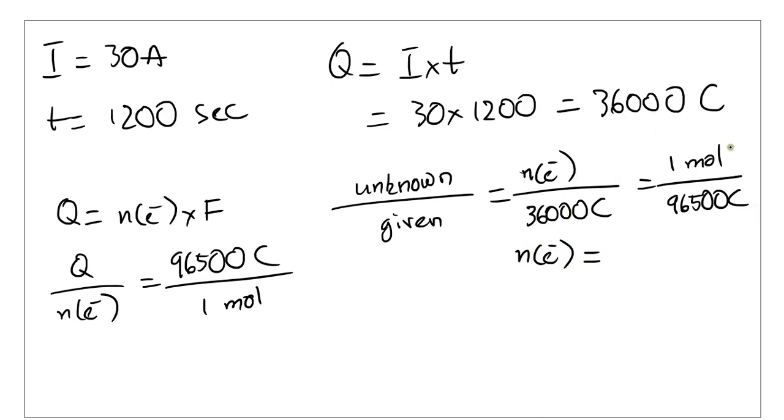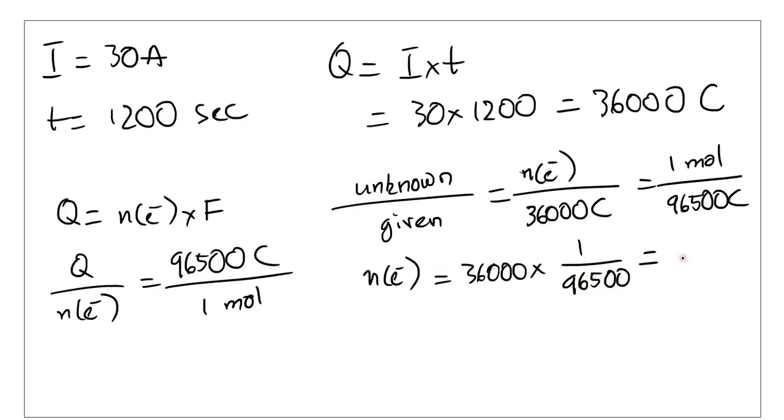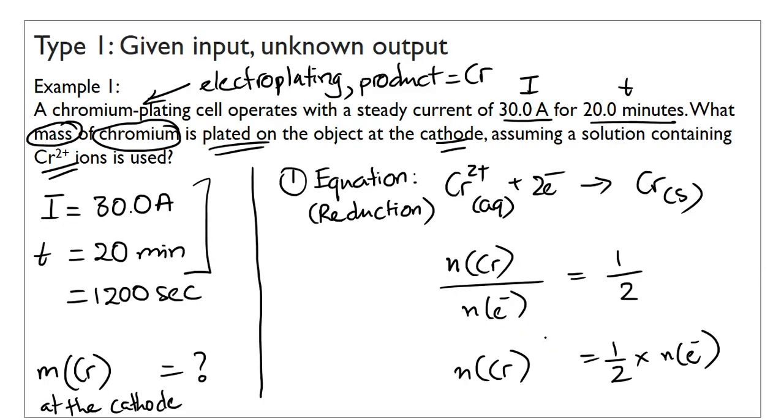So if we just move the 36,000 to the other side, let me just write, okay, I'll write everything out. So n of electrons is 36,000 times 1 over 96,500, which is 0.37. So keep the exact value in the calculator, mole. So we're going back to this ratio, the number of mole of chromium.